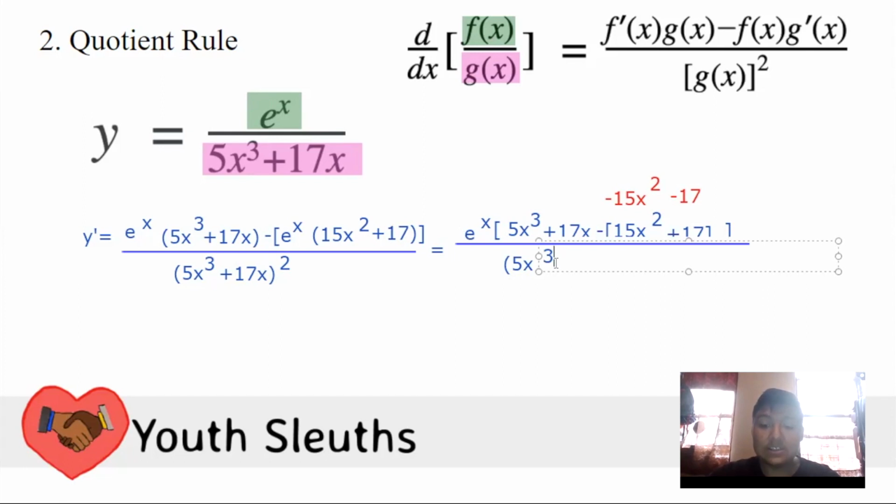We have 5x cubed plus 17x, and then that is squared. So now for the final step, so that we can simplify this, we just combine like terms in the numerator, and then we'll have y prime.